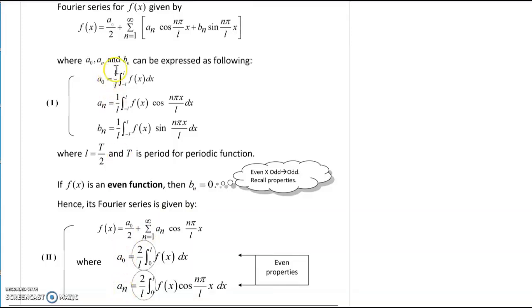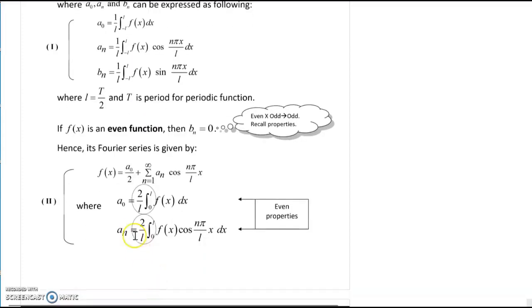In general, a naught is given here: 1 over L integral from negative L to L of f(x) dx. But if f(x) is even, see the effect now. When you integrate the even function from negative L to L, it is equal to the integral of f(x) from 0 to L, the half part, but we need to multiply with the 2.